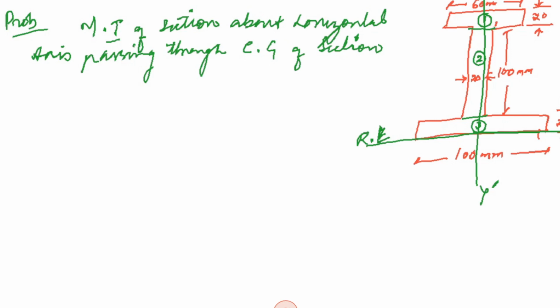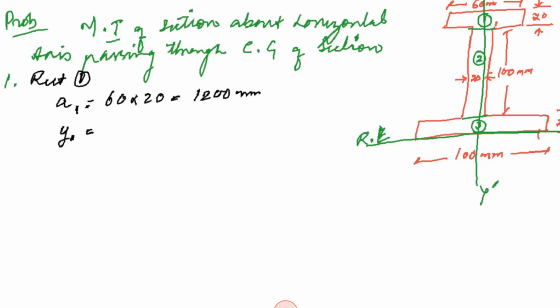Firstly, we need to find the details of rectangle 1. A1 will be the area, 60 cross 20, which is equal to 1200 mm squared.